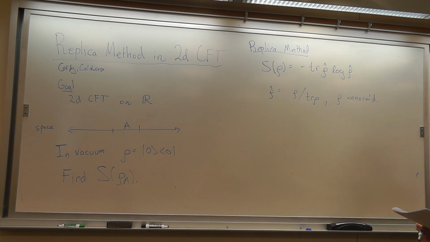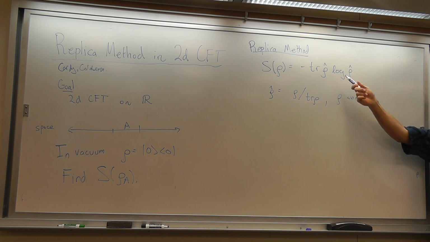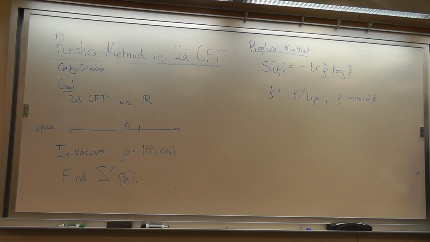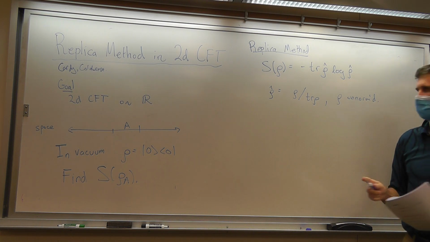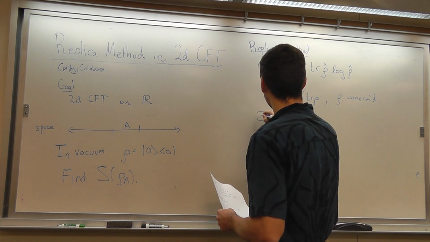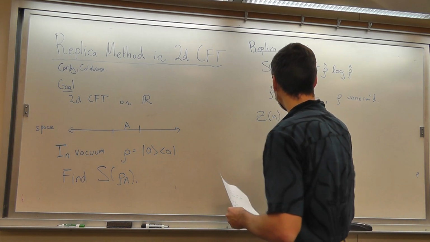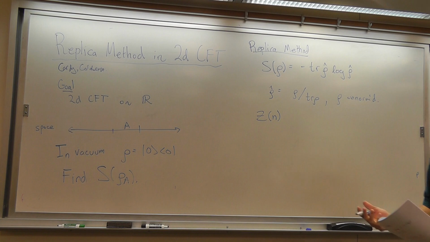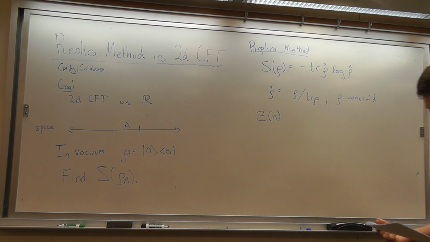So the idea of the replica trick is the following. There's no path integral that calculates the log of an operator. But there are path integrals that calculate the power of an operator. This isn't just used in path integrals, but for our purposes, that's why it's useful.